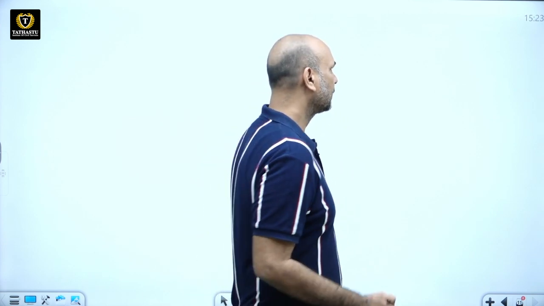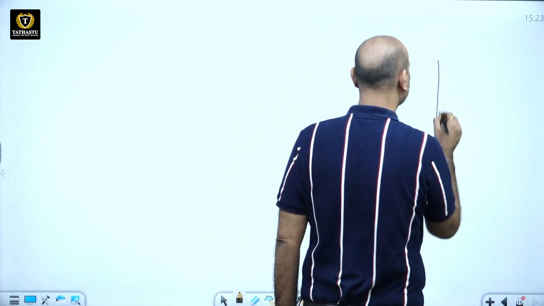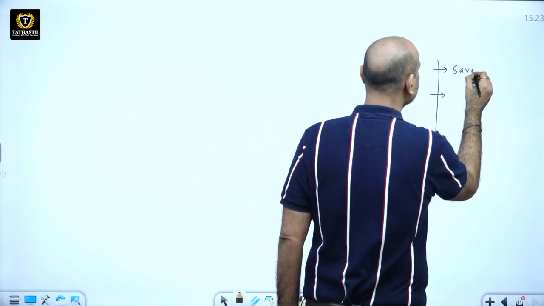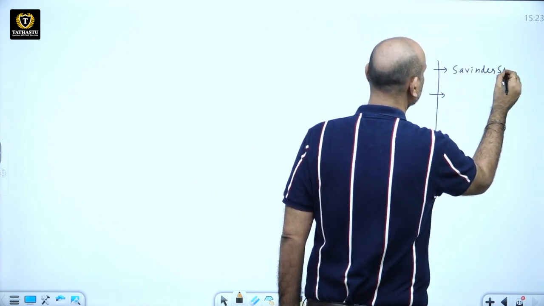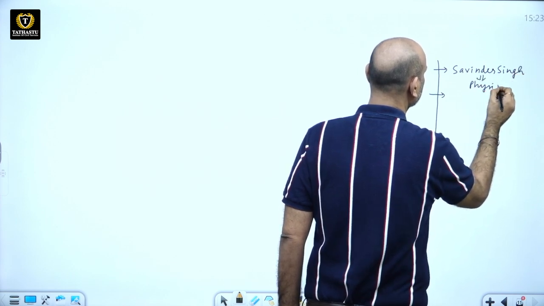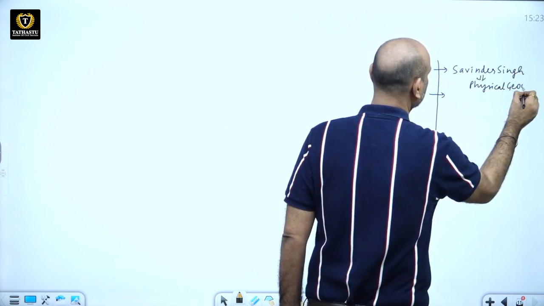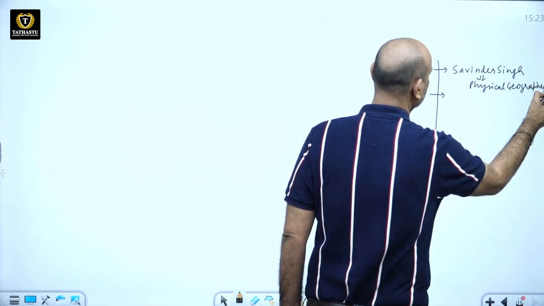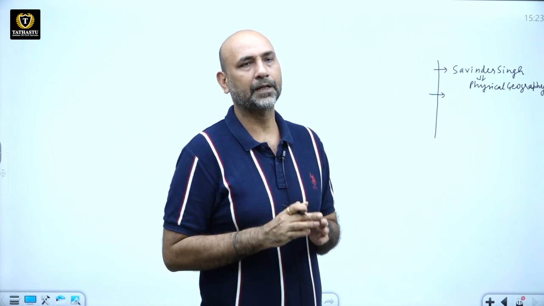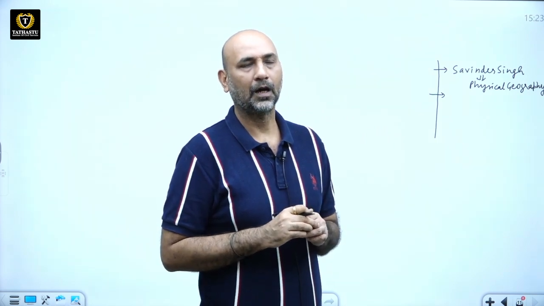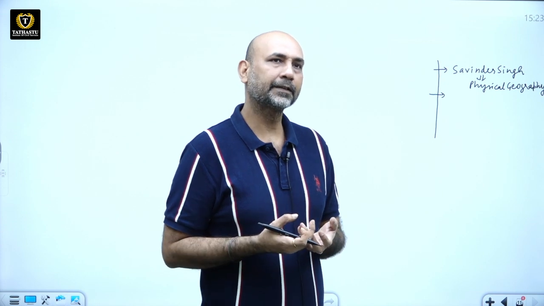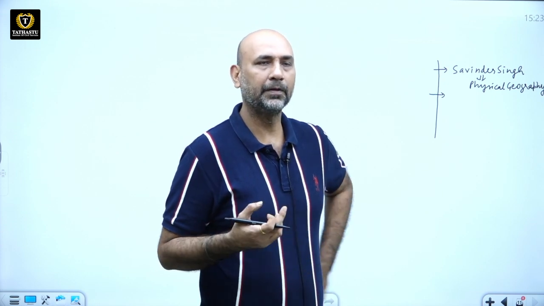So my 3 instructions are there. By Savindra Singh, Physical Geography. It is a standard book on the physical geography of the 5 sections of the first paper, up to graduation and master's level. Some of the aspects of the climatology, geomorphology will not be covered.